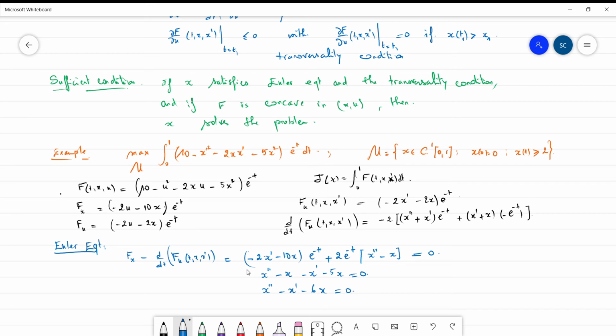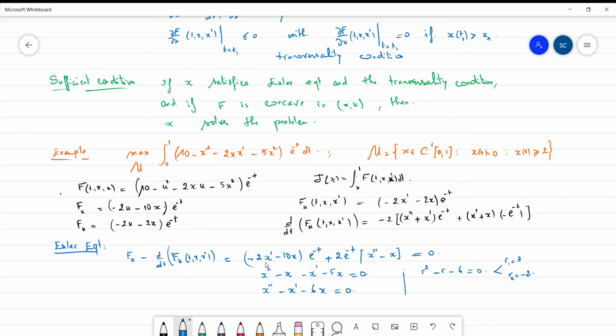So I assign the equation r squared minus r minus 6 equals 0, and I can find two roots: r1 equals 3 and r2 equals minus 2. So the general solution for this equation is x(t).